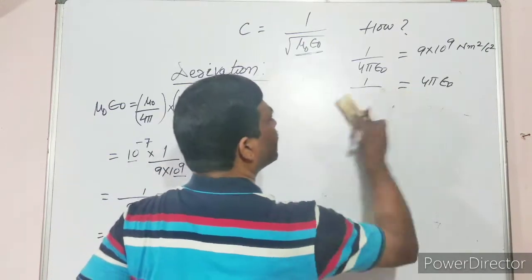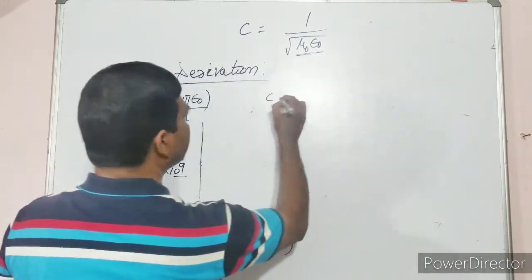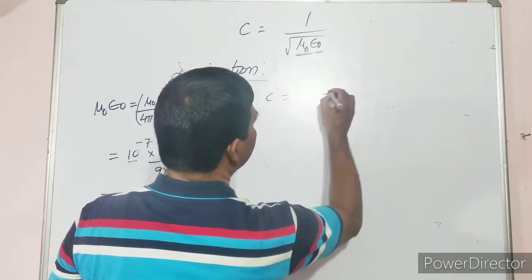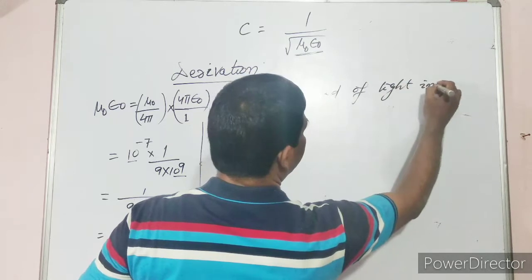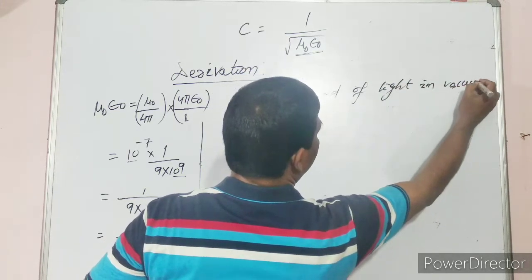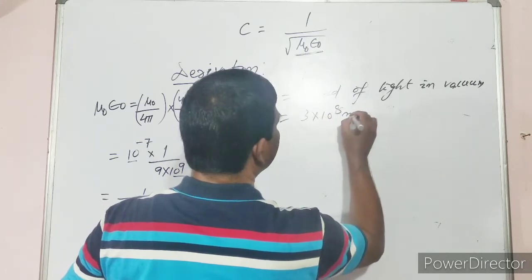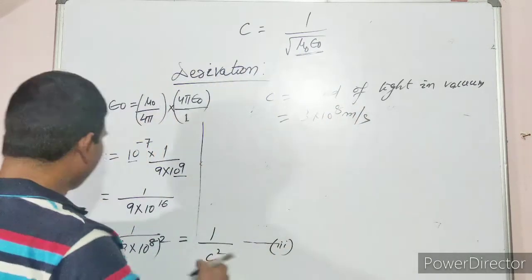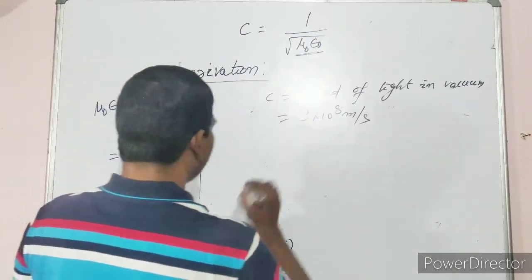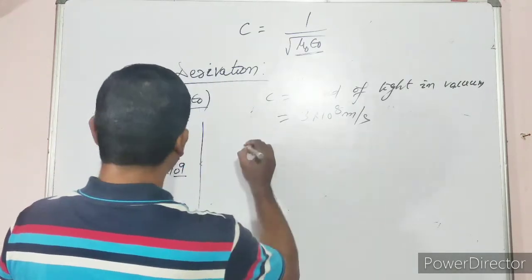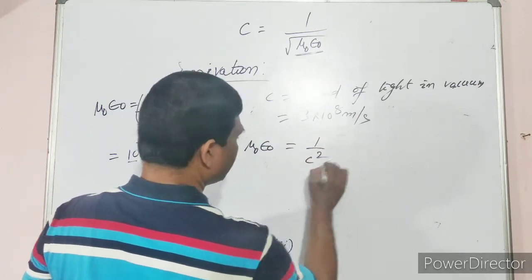Then come to the point. c is the speed of light in vacuum. This is 3 into 10 to the power 8 meters per second. In SI, we are taking all the systems in the SI system. So mu naught epsilon naught is equal to 1 by c square.